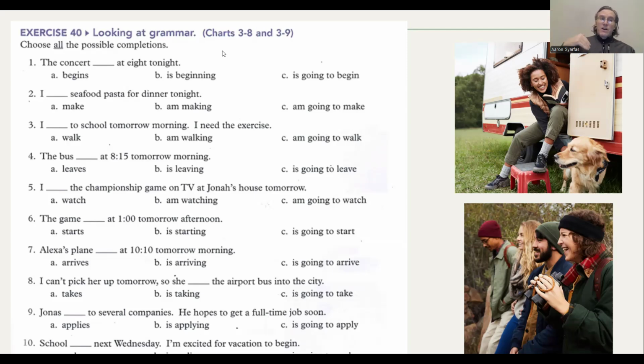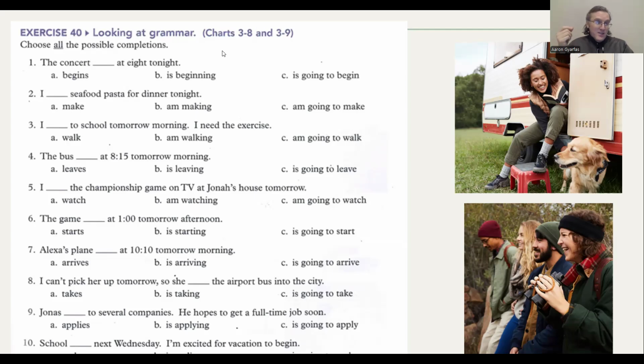Well, the concert is definitely planned. There is a plan for this concert to happen. So I can use B, which is present progressive, and I can use C, which is be going to. Both of those are good for plans.